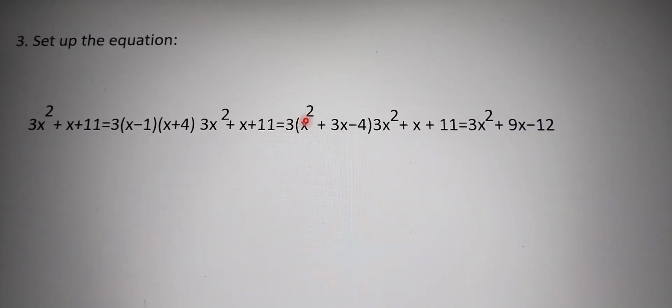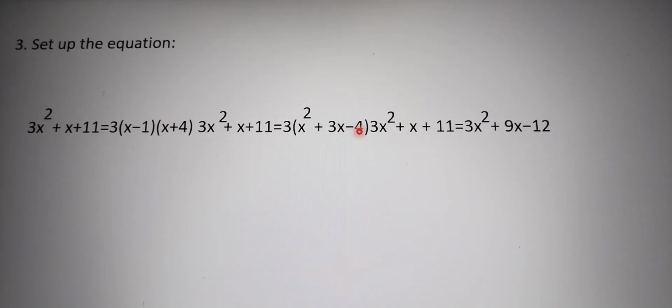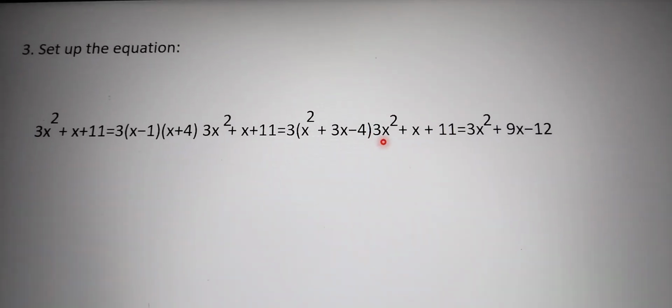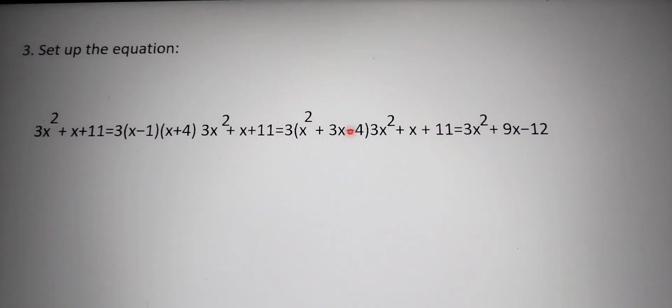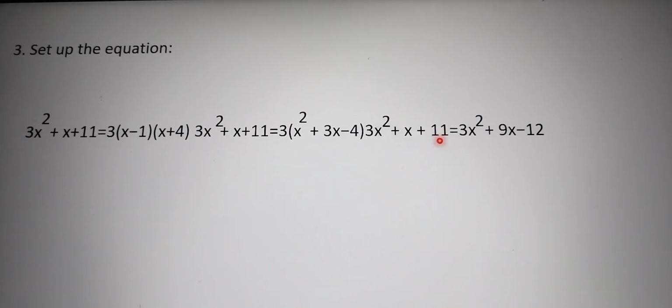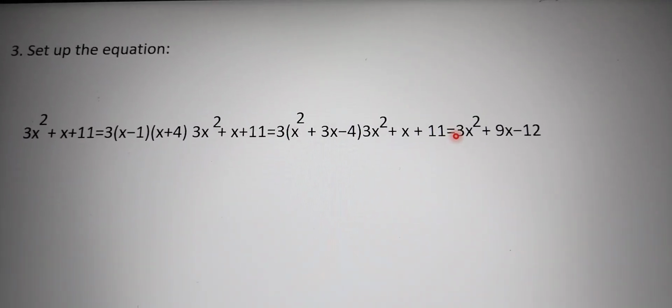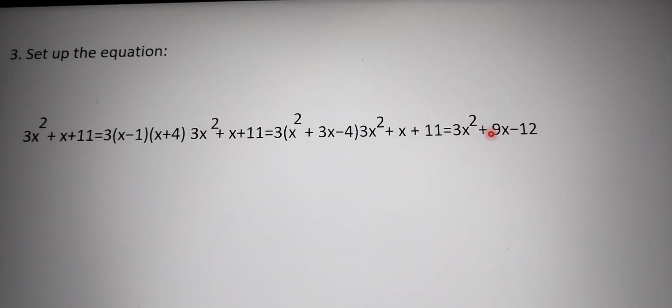So 3 into (x squared plus 3x minus 4), we close our bracket, and we have 3x squared plus x plus 11. So this is the other simplified form. This still can be simplified to another easier form, which is equal to 3x squared plus 9x minus 12.